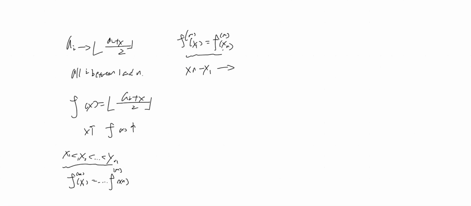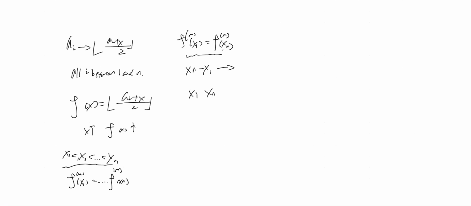So we can divide it into some cases. First case is that x1 and xn are equivalent modulo 2, which means that they are both odd or both even.